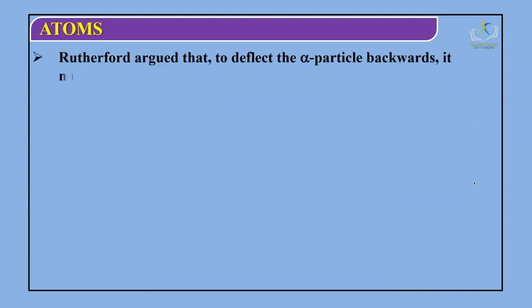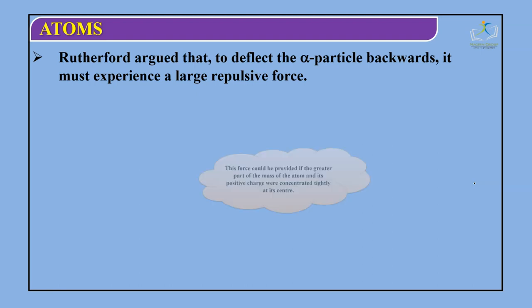Rutherford argued that to deflect the alpha particle backward, it must experience a large repulsive force. Students, we know that repulsive force comes from two reasons: either the particle inside has the same nature of charge as the incident one, or it has more power with the same charge. We know the alpha particle is positive, so something hidden inside the core of the atom must be positive.